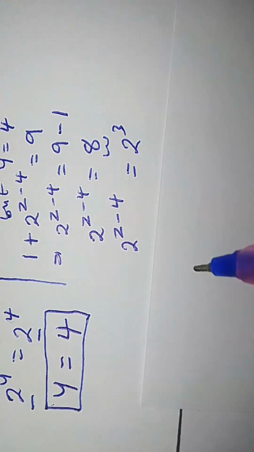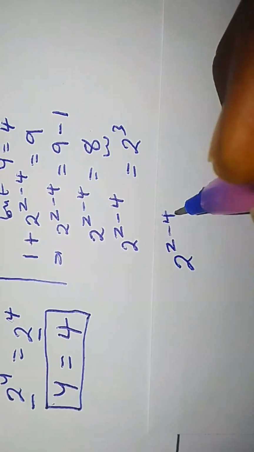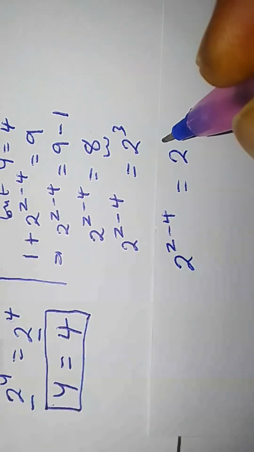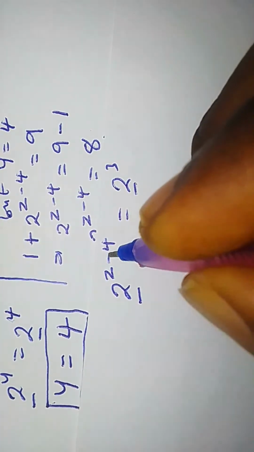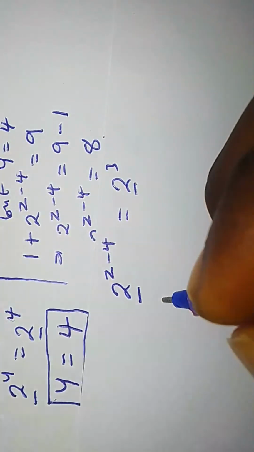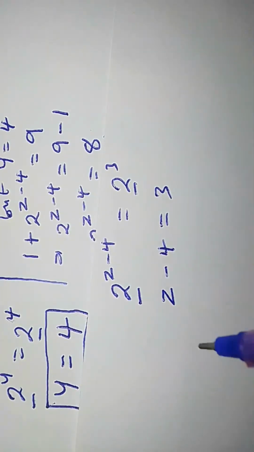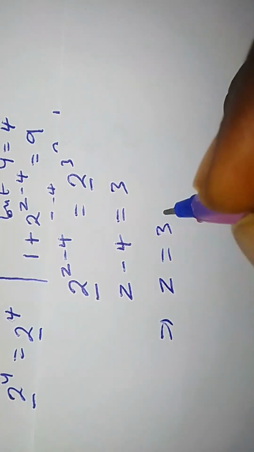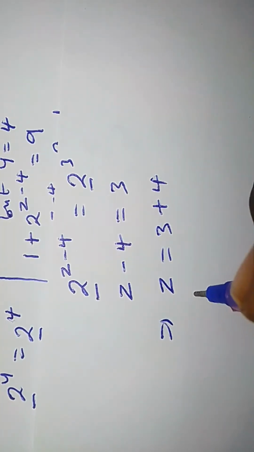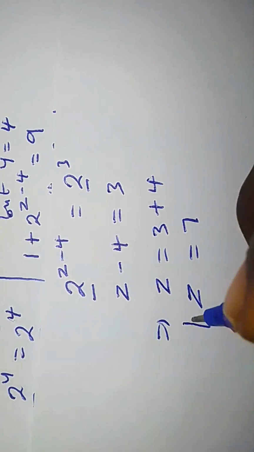So let's continue. 2 to the power of z minus 4 is equal to 2 to the power of 3. Since the base is the same, we can equate the power. So we have z minus 4 equal to 3. This implies that z is equal to 3 plus 4. So the value of z is equal to 7. This is the value of z.